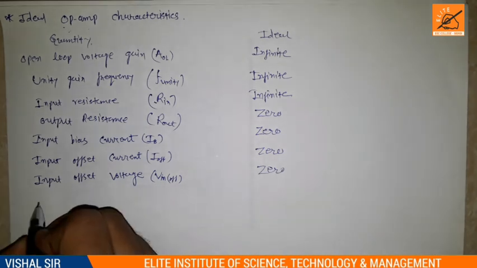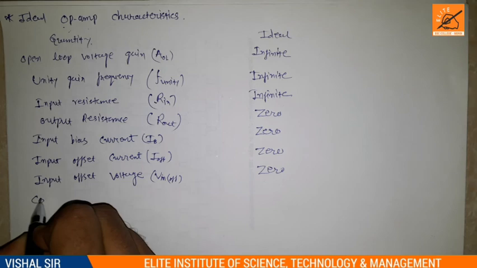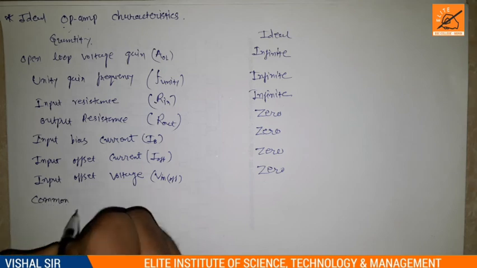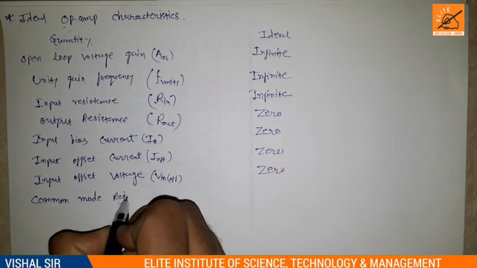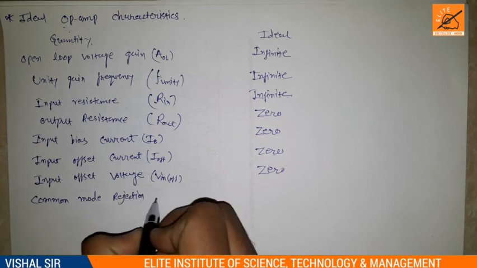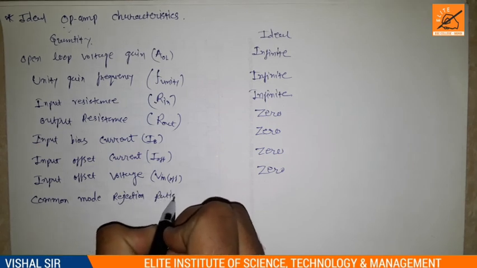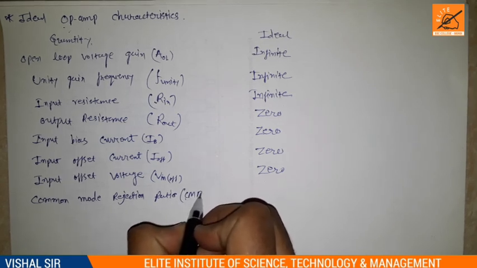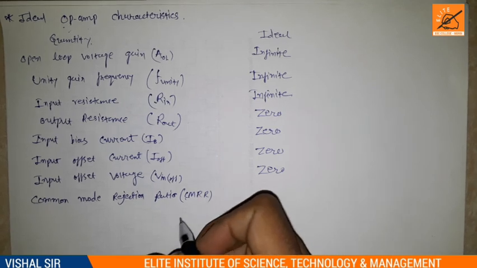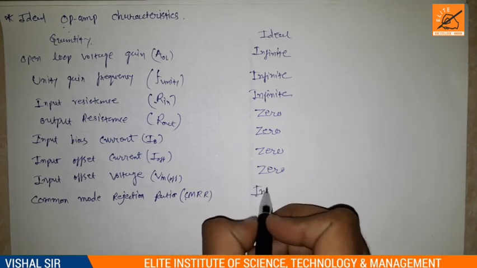And CMRR, it means common mode rejection ratio. Its value will be infinite.